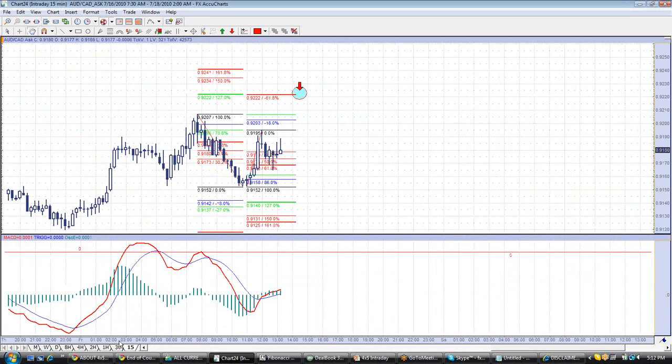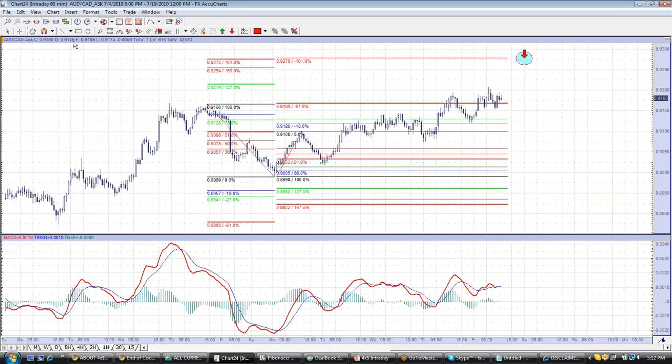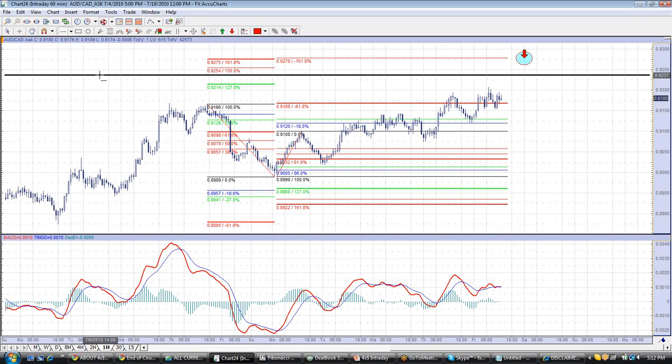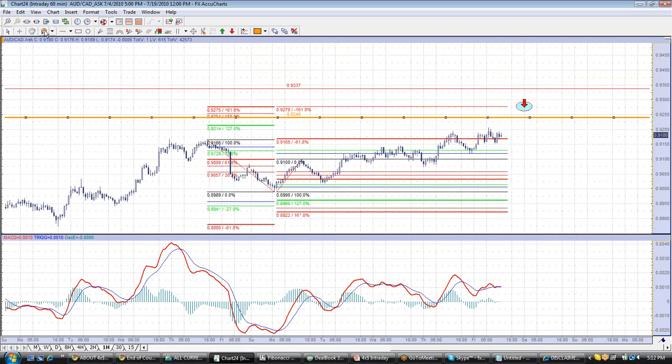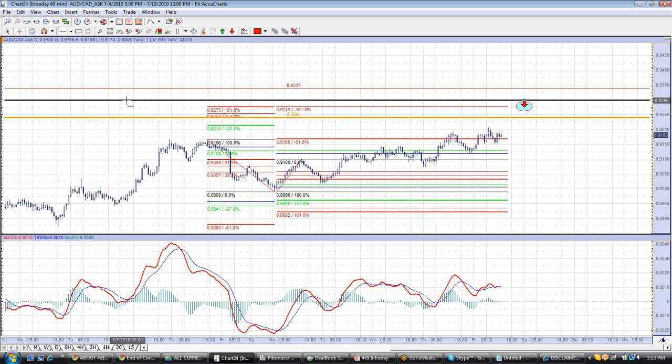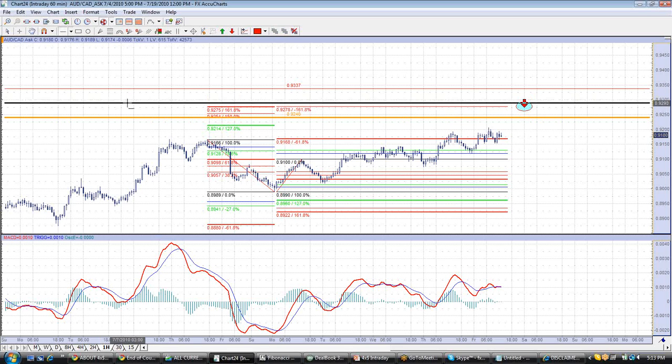Let me go here, and I will draw a couple of horizontal lines between 92.40 and 92.90. Now this is the range where we will be looking for a bearish opportunity, because based on the 8-hour chart, this is a strong resistance area.